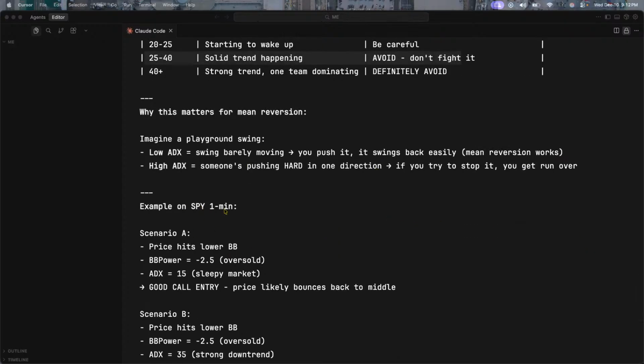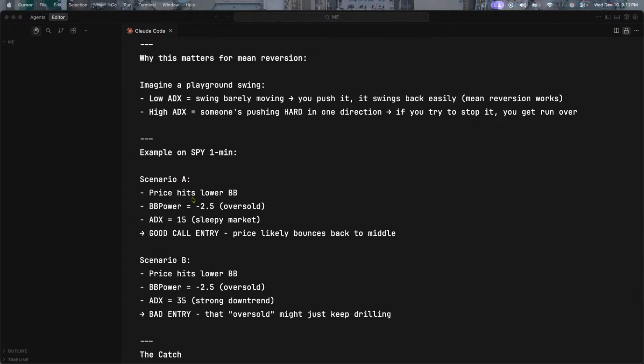So example on a SPY 1 minute scenario: the price hits the lower Bollinger Band, right? So it's breaking through support levels. And then the BB power, whether the buyers or the bears are in control, is -2.5, it's oversold, right? ADX is 15, the market is sleepy. This is a good entry, right?